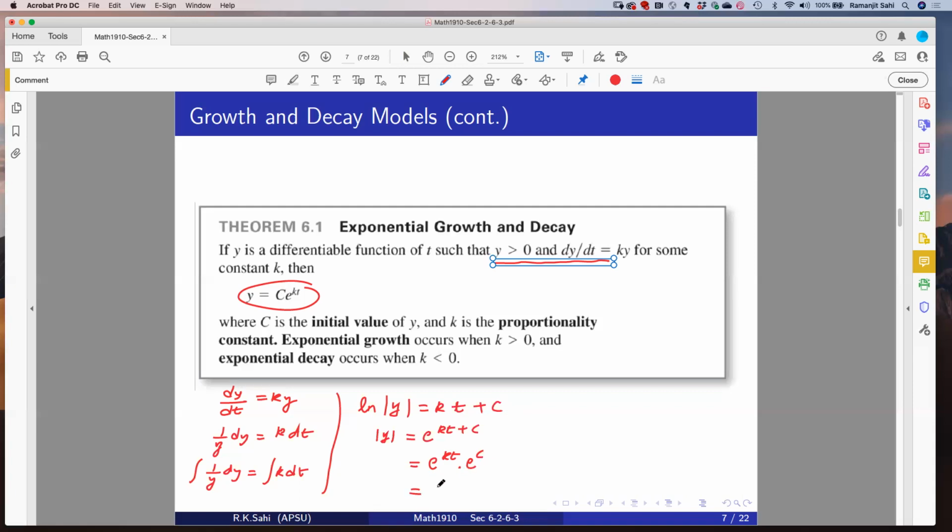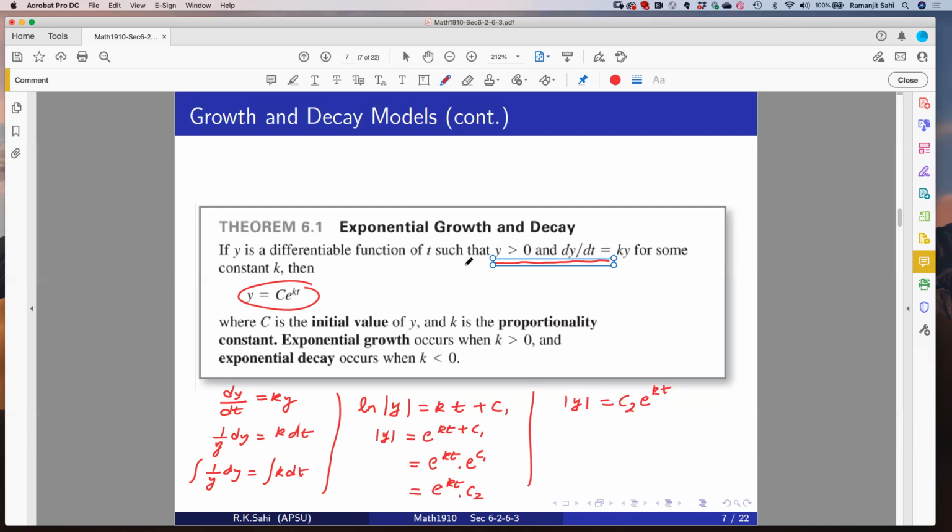Let me make it easy and say C1, because I want to be consistent with the solution given to us. So I'm going to say this is e to the power kt times, say, C2. So I can write the constant in the front: C2 e to the power kt.